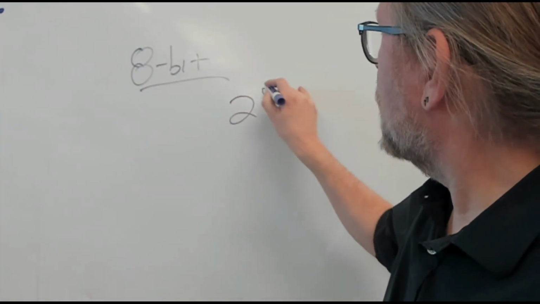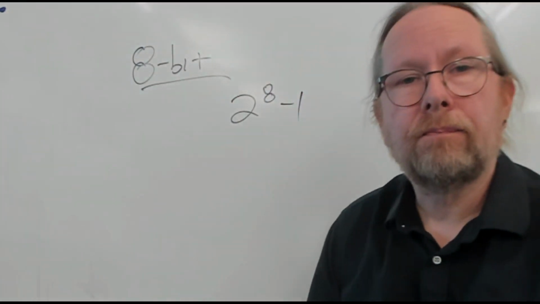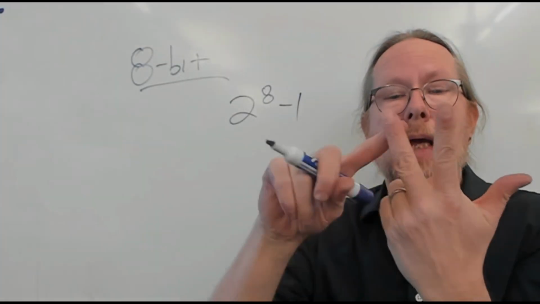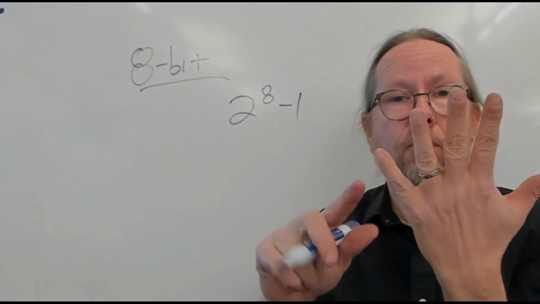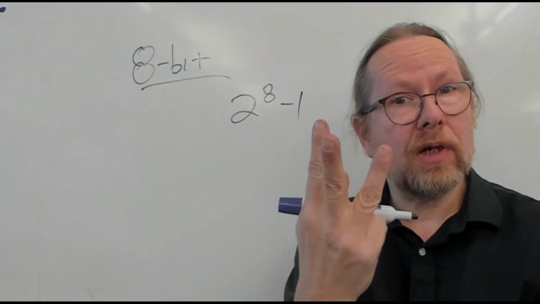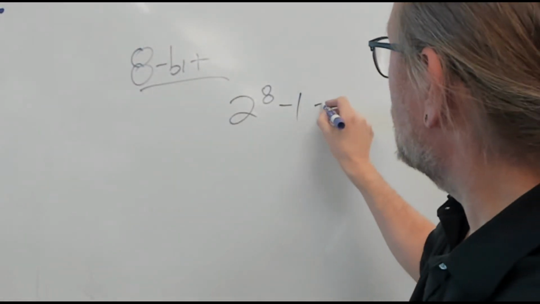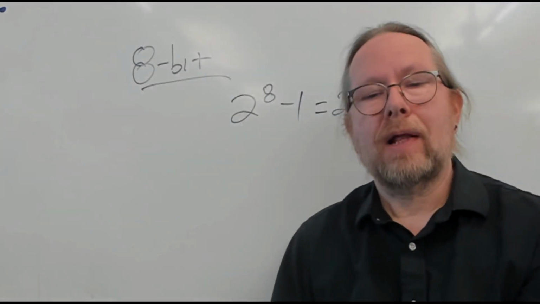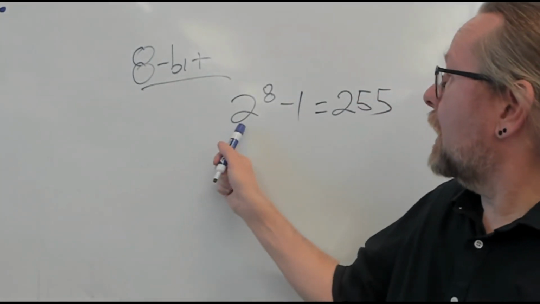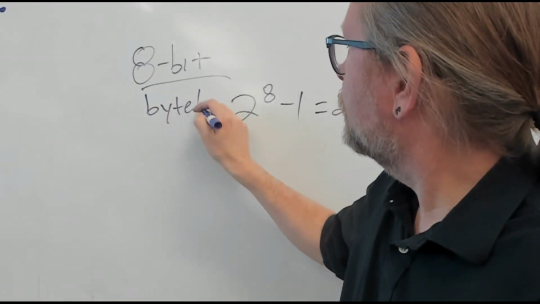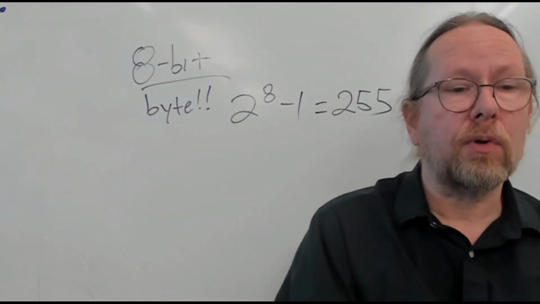It's 2 to the 8 minus 1. What's 2 to the 8th? It's 2, 4, 8, 16, 32, 64, 128, 256. So 2 to the 8 minus 1 is 255. That's the biggest number you can store in 8 bits, which is also called a byte.